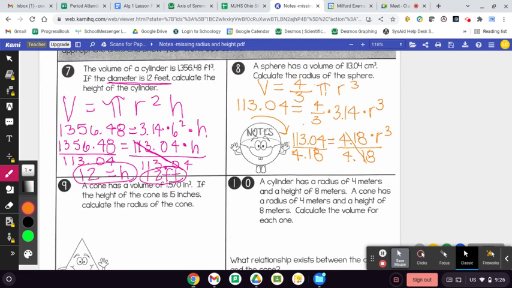A lot of steps, but if you follow the process, it's easy. We round that to the nearest whole number, and we get 27. Everybody double check that you get 27 equals r cubed.